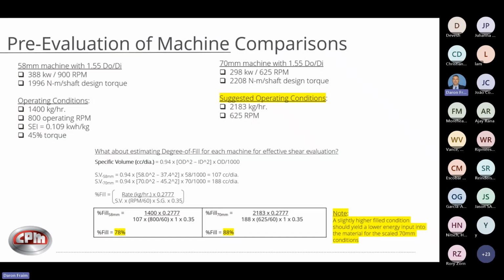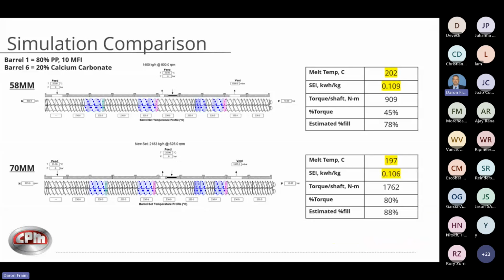And so what that tells you, if you have a slightly higher filled condition, that means I should have a little lower energy input into that. And when I look at this, I actually ran a simulation with these conditions at those rates.